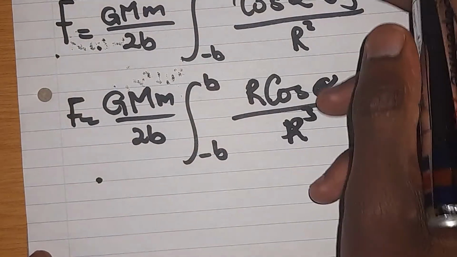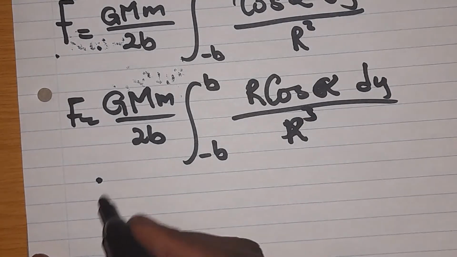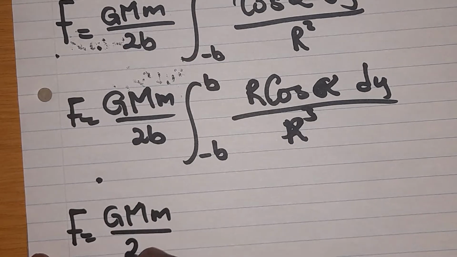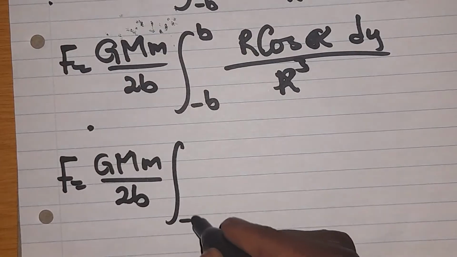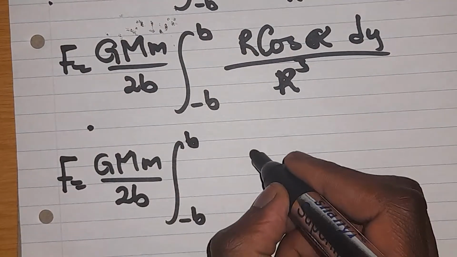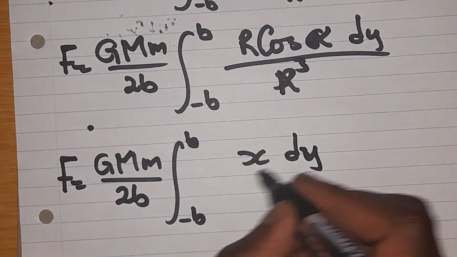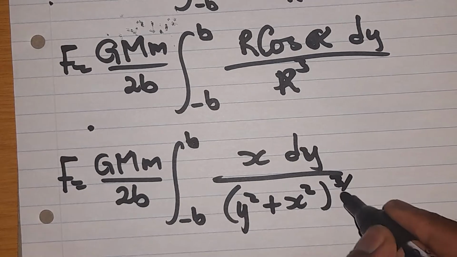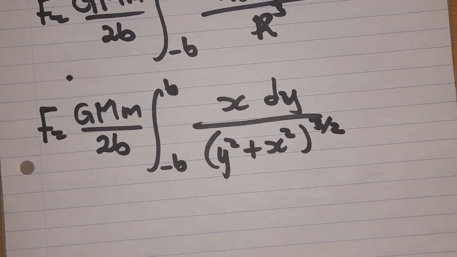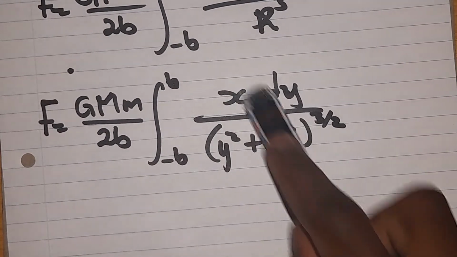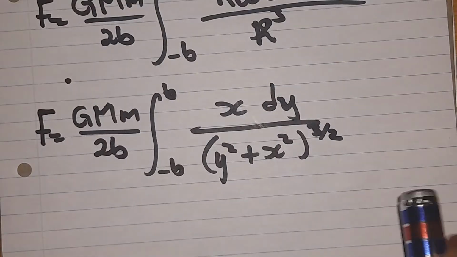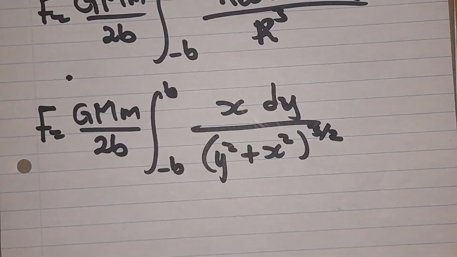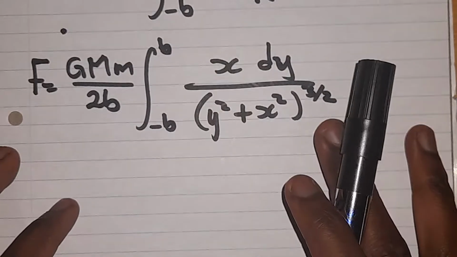We said r cos alpha is x, and r is the root of x squared plus y squared. So F is equal to G capital M small m all over 2b, times the integral from negative b to positive b of x dy all over (y squared plus x squared) to the power 3 over 2. Now from here we can integrate, because we have our function in terms of a constant, which is x. x is just the distance of P from the rod, and the variable y, and we're integrating in terms of y. But this integral will be a bit challenging.